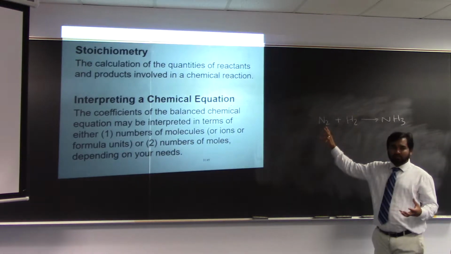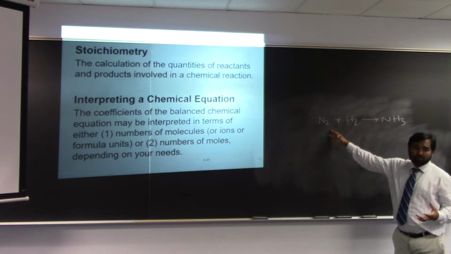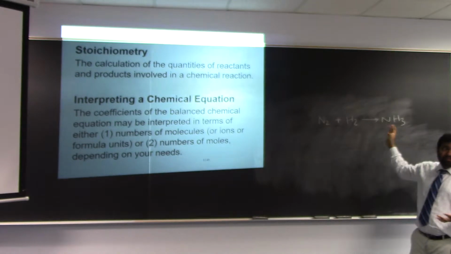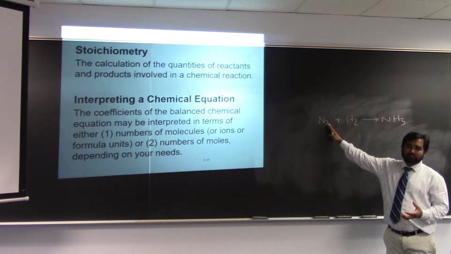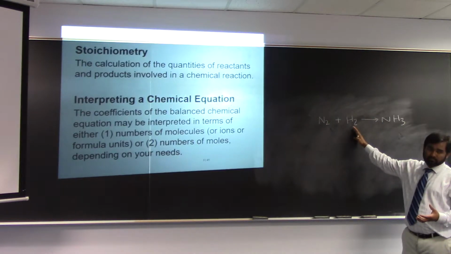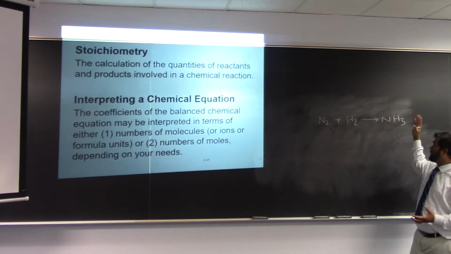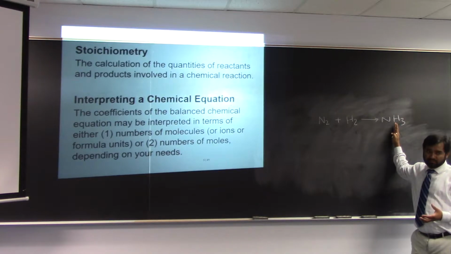You'll be able to know any one of them if you know one of them. If you know nitrogen, you can calculate hydrogen, or you can calculate ammonia, how much ammonia you're producing.